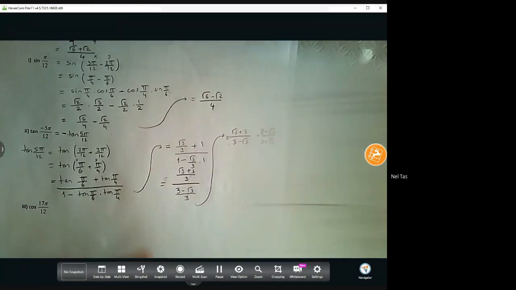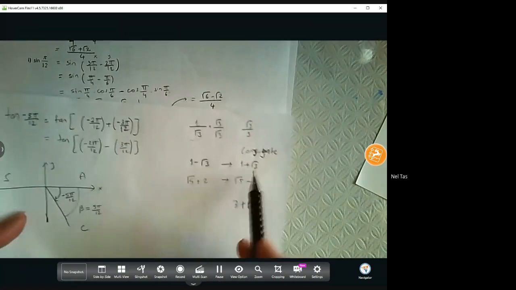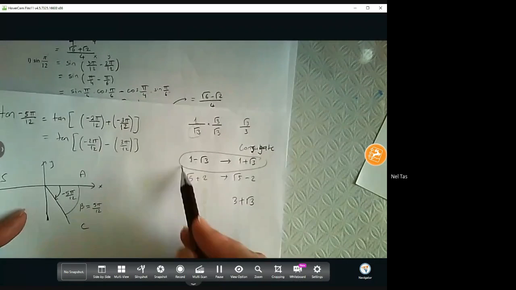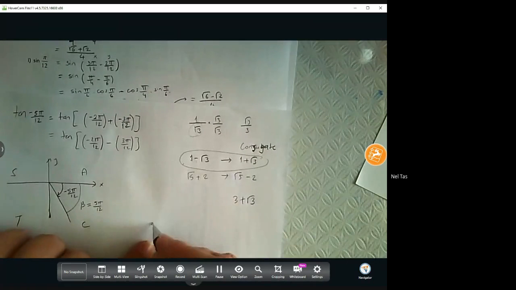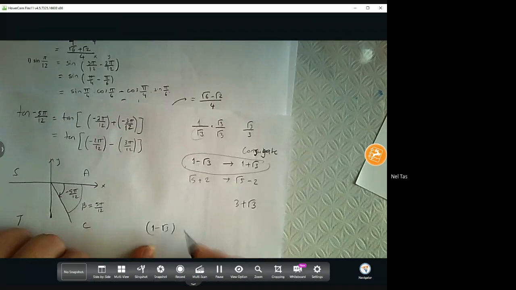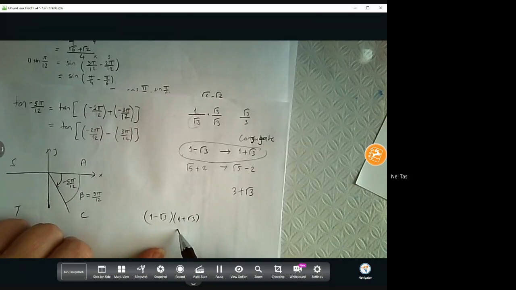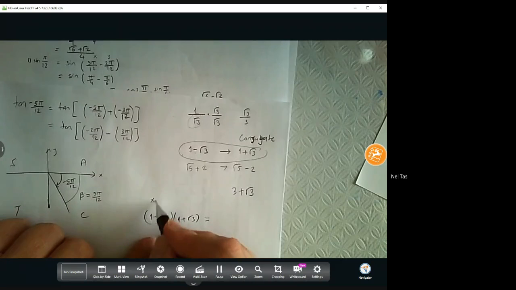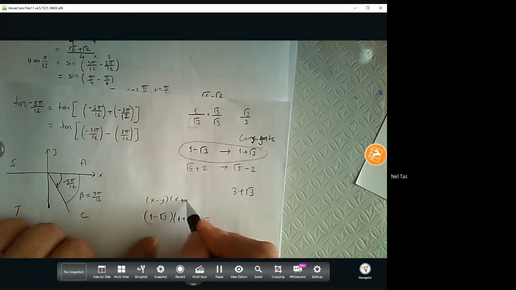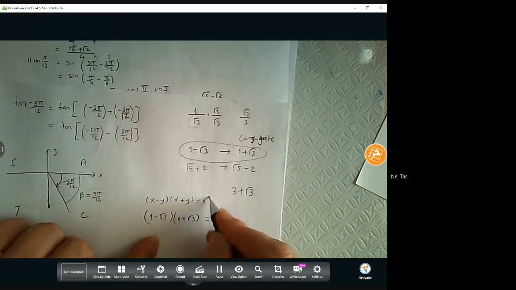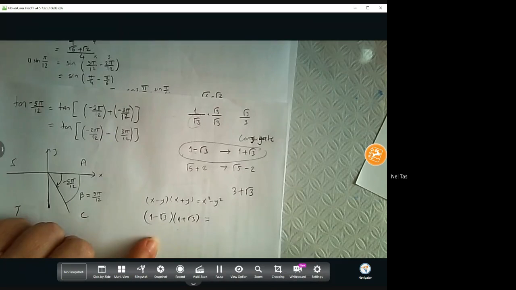So what is the purpose of this? Actually, if you multiply these two conjugates, let's say you have 1 minus root 3 times 1 plus root 3, you create a difference of squares. Because if you remember, if you have x minus y times x plus y, then you get x squared minus y squared.